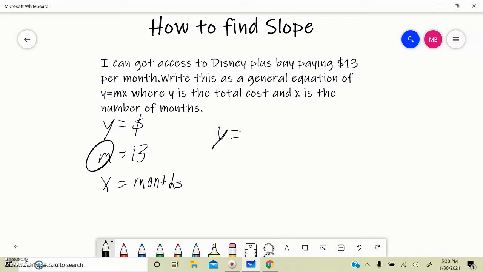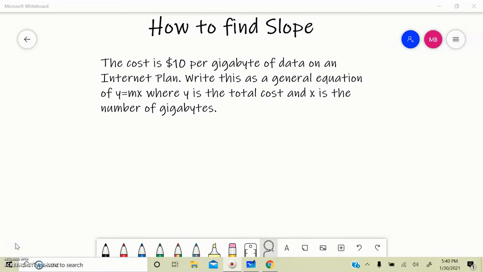I have now identified my rate of 13, and I don't know how many months I'm going to get Disney Plus for, so I'm going to leave that as just x. So that's how I was able to write y equals mx using the information given to me in that first sentence. Okay, it told me in the second sentence what my y and my x were, but I had to go and find my m.